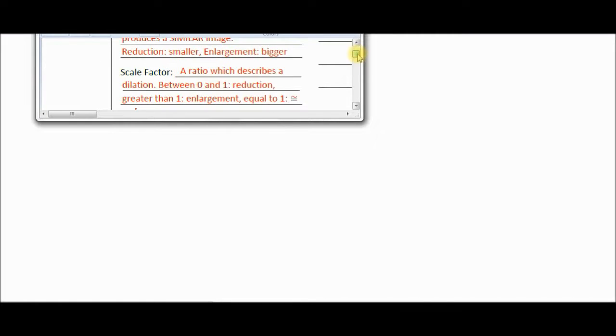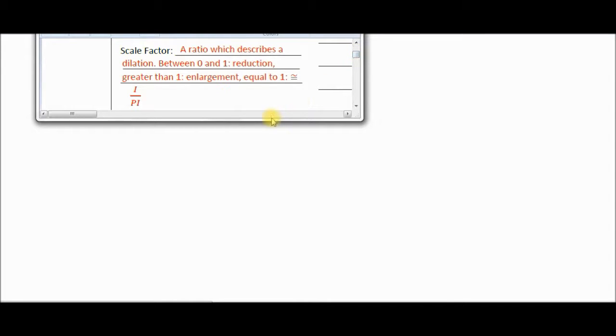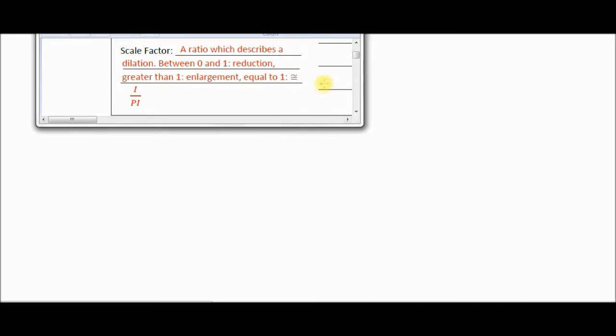Next definition is scale factor. The scale factor is a ratio. We've learned what a ratio is, just a fraction, a ratio which describes a dilation. If the scale factor is between 0 and 1, it means we're going to reduce the pre-image and make it smaller.